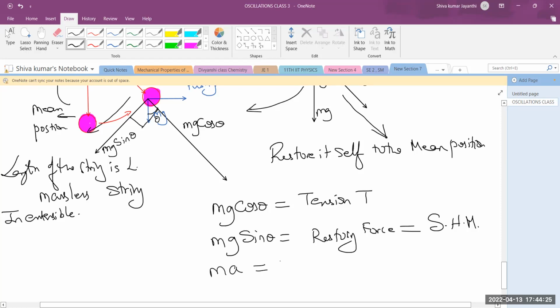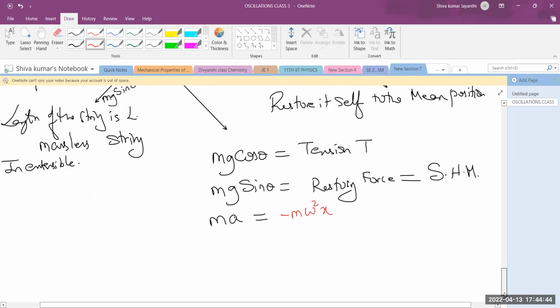But according to our S.H.M. equation, which we did earlier, what is the S.H.M. equation? Minus m omega square x. Remember? This was the equation of S.H.M. So we have to get this equation in this form.